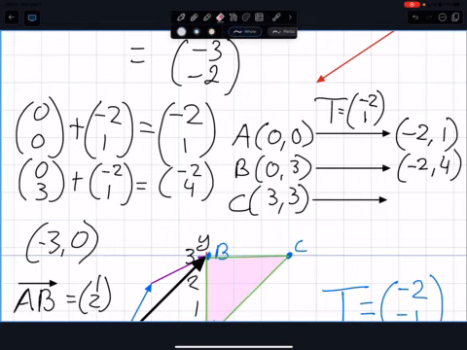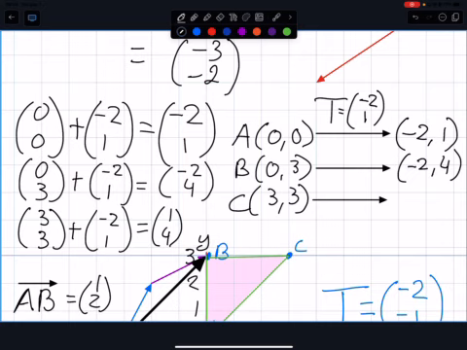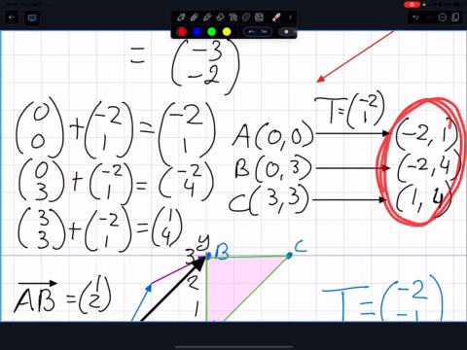Where is C standing? 3, 3 is standing at 1, 4. So 1, 4. These are the new coordinates of your triangle.